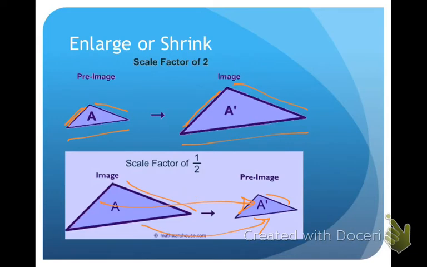So when we have scale factors that are greater than 1, we get bigger. I use the letters SF to represent scale factor. If the scale factor is greater than 1, it gets bigger. If the scale factor is less than 1, it's going to shrink.